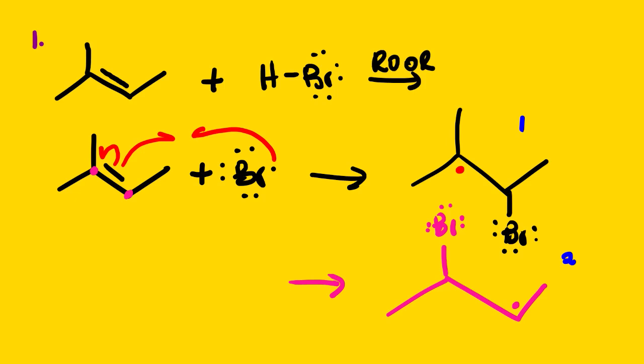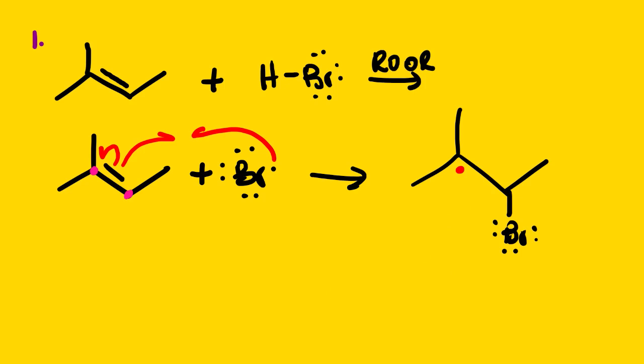This first radical is a tertiary radical. This one is a primary radical. So this one cannot be part of the synthesis of our reaction.